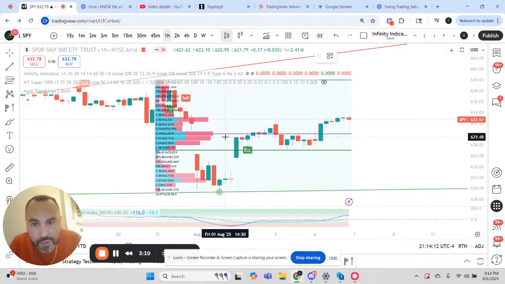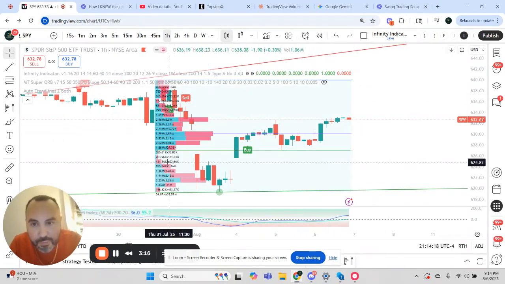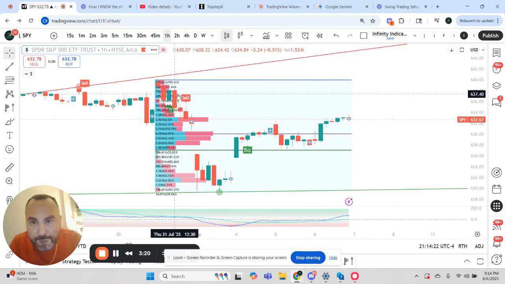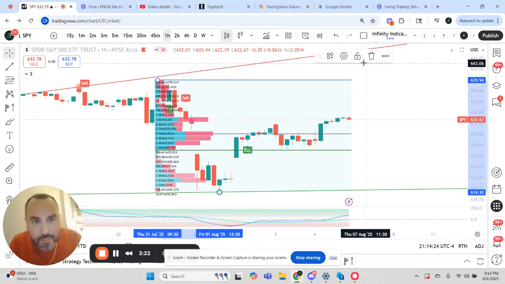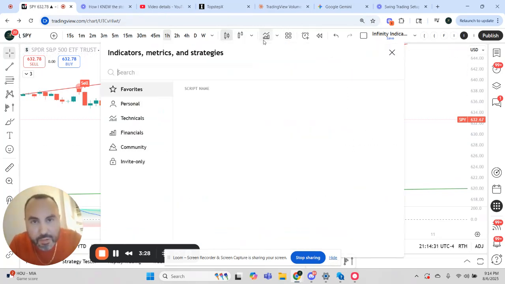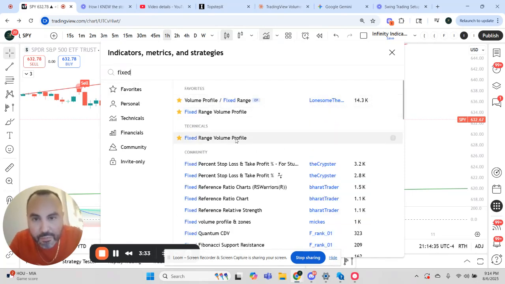Hold on, let me, obviously, I want to delete this. Let's delete these. And here we go. So again, you're just going to go to indicators, type in fixed range volume profile.